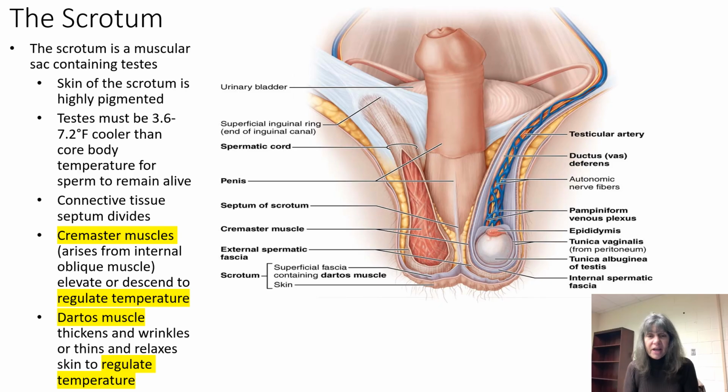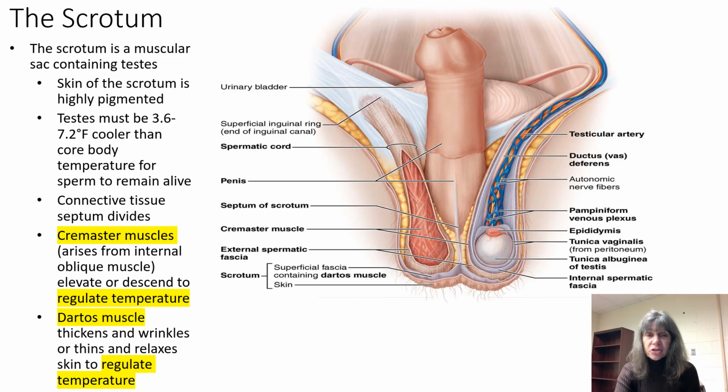There's also another muscle called the dartos muscle that is found in the superficial fascia deep to the skin of the scrotum that can thicken to, again, bring the testes closer to the body, or thin and relax the skin to lower the testes, again helping to regulate the temperature of the testes.